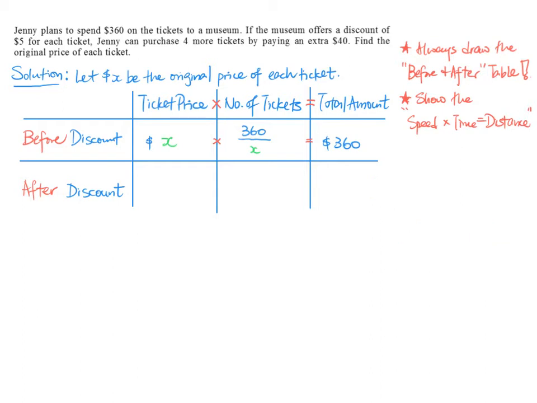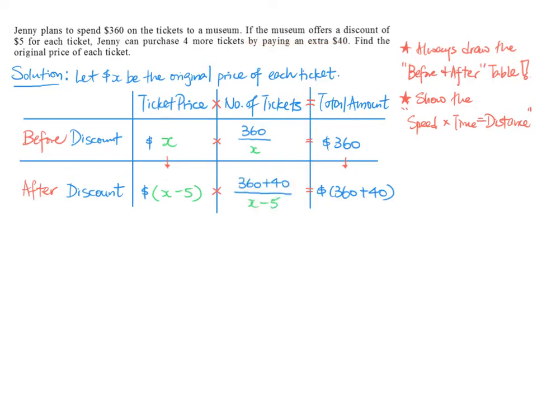Now, what about the after discount scenario? Well, now with a discount of $5 on each ticket, this will be my ticket price coming off from X, right? And because I'm paying an extra $40, this is going to be my new total amount. And again, with this speed time distance thing, just like last time, we could back out and get the new number of tickets, which is this.